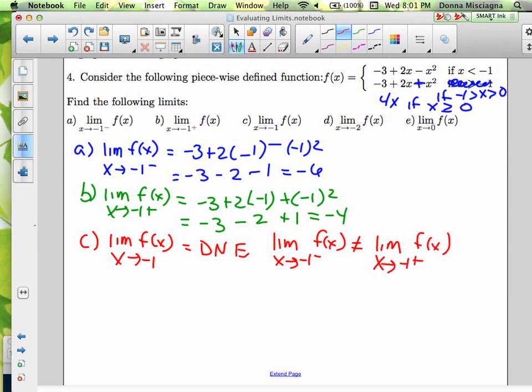I should have rewritten this before I made the tape, so it would be the same, but not the same function.